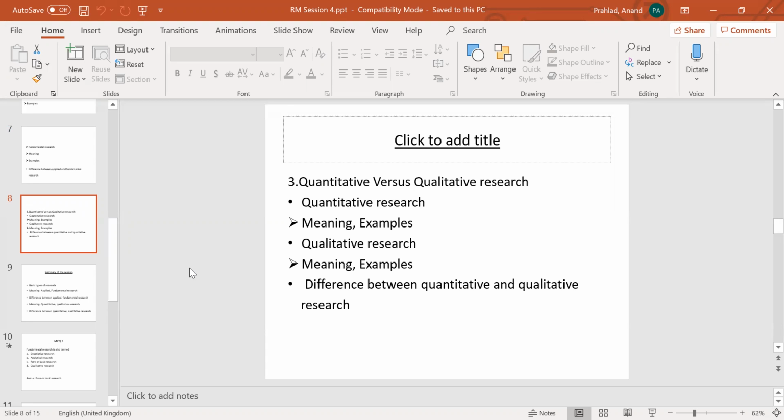Now, moving on to qualitative research. Qualitative research is concerned with qualitative phenomenon, where the data is descriptive. For instance, when we are interested in investigating the reasons for human behavior, that is, why people think or do certain things, it is qualitative research.